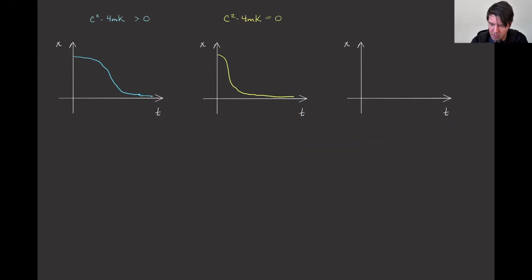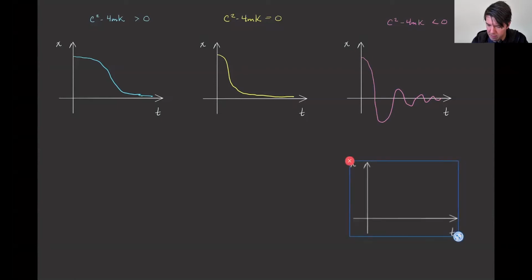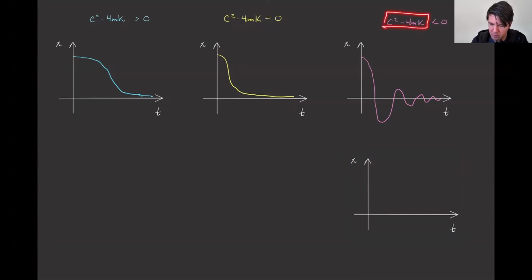And then the final case, c squared minus 4mk is less than 0. That's where you have now some type of oscillation. And then there's, I don't know if I call it a subcase, but there's a version of that beyond. If c is equal to 0, you could have that c squared minus 4mk is less than 0.